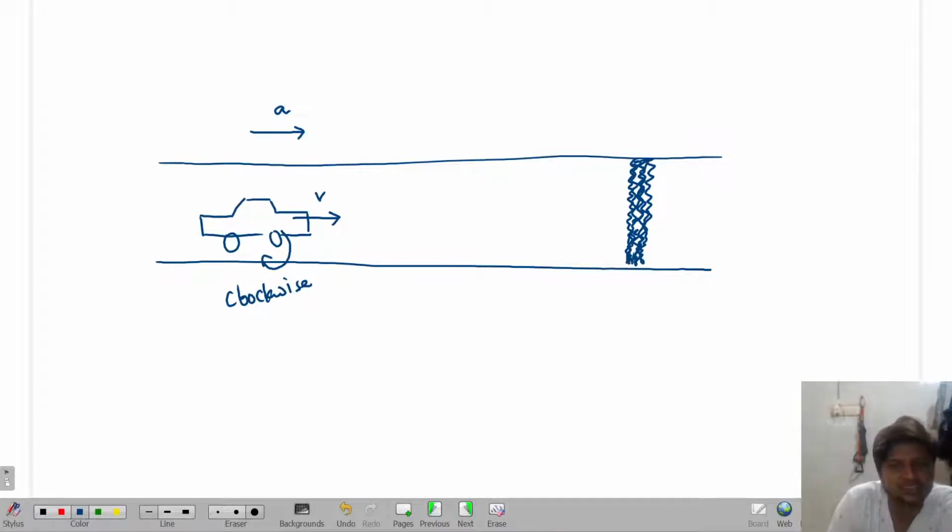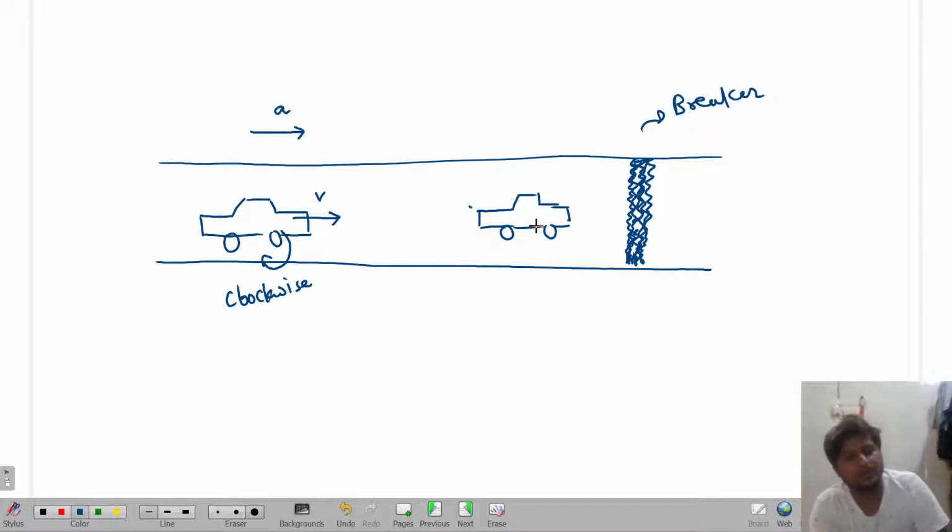But as he sees this breaker over here, he will apply the brake. When he applies the brake, what is going to happen with the car? Let's suppose the car reaches this position. What is the tendency of these wheels? The tendency of the wheels is to rotate in the opposite, anti-clockwise direction, or not?